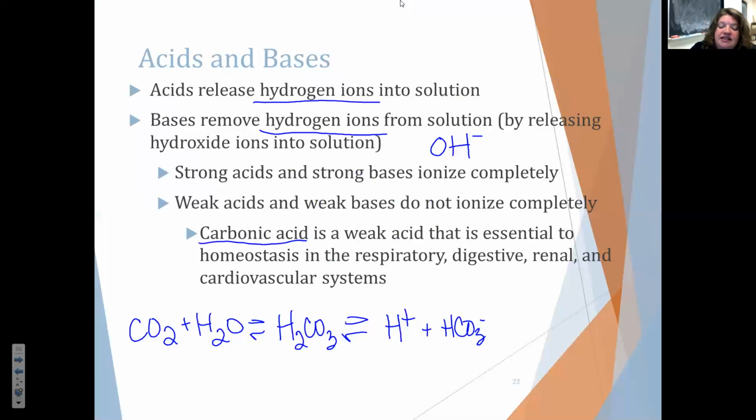There's lots of places in our body where carbon dioxide is produced. So there's going to be lots of places in our body where this physiological mechanism is going to take place. It can be sped up by an enzyme, and that enzyme is called carbonic anhydrase. We're going to talk more about enzymes in just a second.